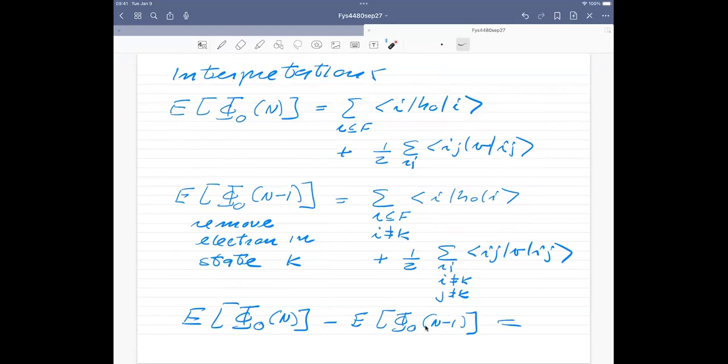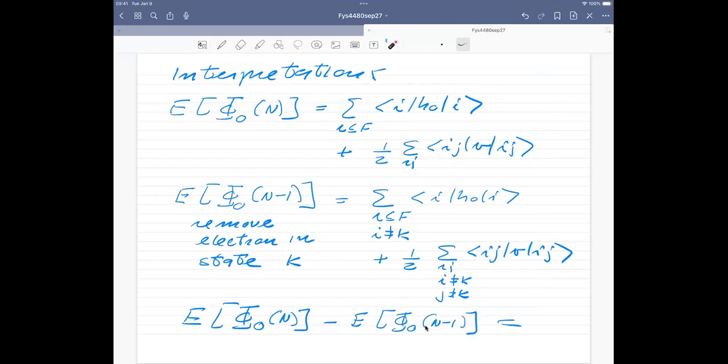Then, if I now take out the single particle states from the double sum here, I will have one occasion where k is included in i, and then there's another case where k is included in j.